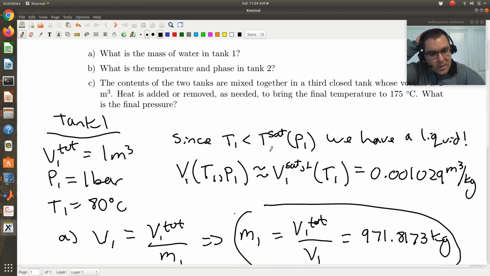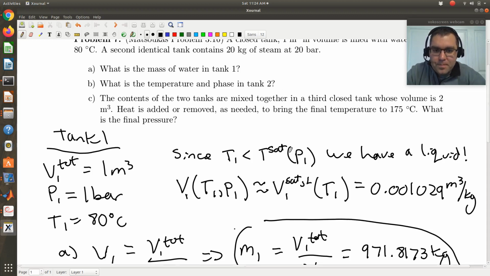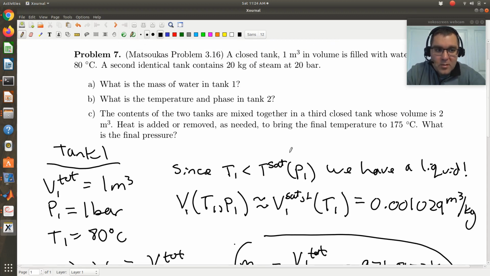Hopefully it makes sense where we got the specific volume from. Since we're in the compressed liquid phase, we're assuming that the specific volume doesn't change much with respect to pressure. So we went to the saturated steam tables so that we could get the liquid value at our specified temperature.